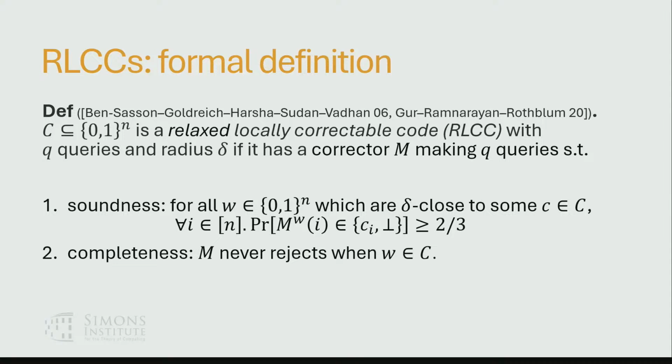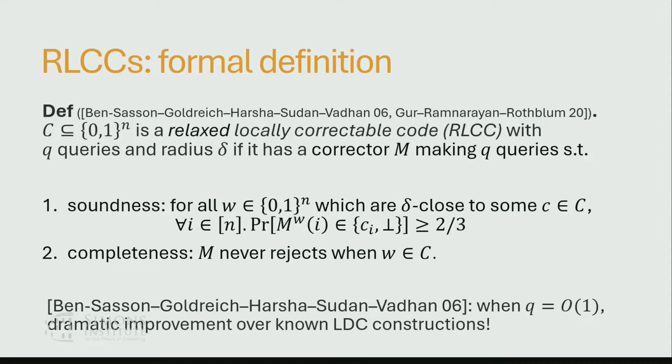Right, so in the work of Ben-Sasson, Goldreich, Harsha, Sudan, and Vadhan, when they introduced this definition, they showed that in the constant query regime, you already get a dramatic improvement over the known LDCs with constant queries. So we know that relaxing this definition gives us better state of the art. But how can I convince you that this definition is actually useful for anything?